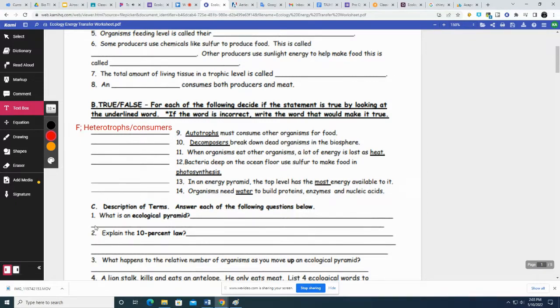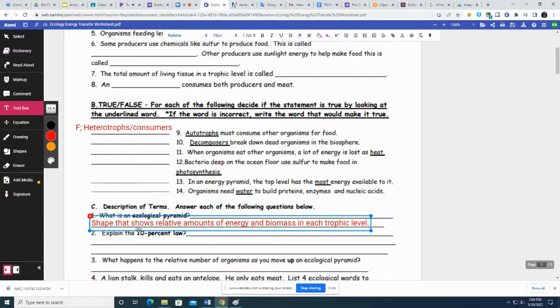What is an ecological pyramid? I'll help you with that one. It's a shape that shows relative amounts of energy and biomass in each trophic level. Remember, a trophic level is what's called a feeding level.